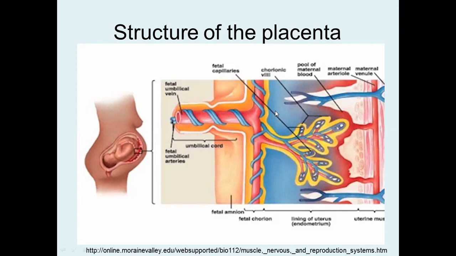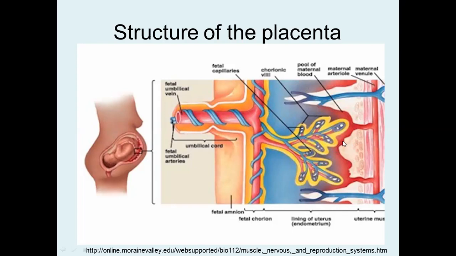Okay, so picture the alternative to the chorionic villi. Picture what would happen if there were no chorionic villi. So now I'm going to show you here. Imagine if the chorion was simply a structure like that without these chorionic villi. The surface area would be much, much smaller, and that would mean that the exchange of substances is far less efficient than it is with the chorionic villi.